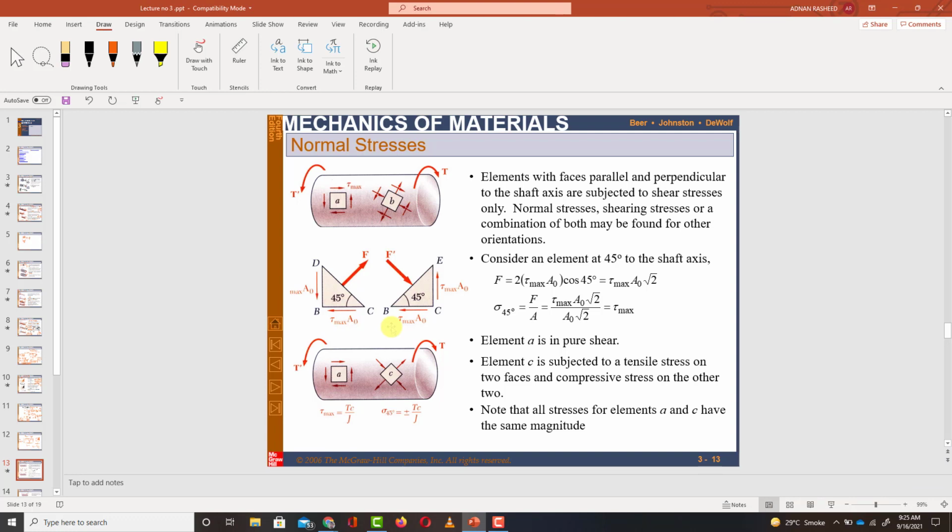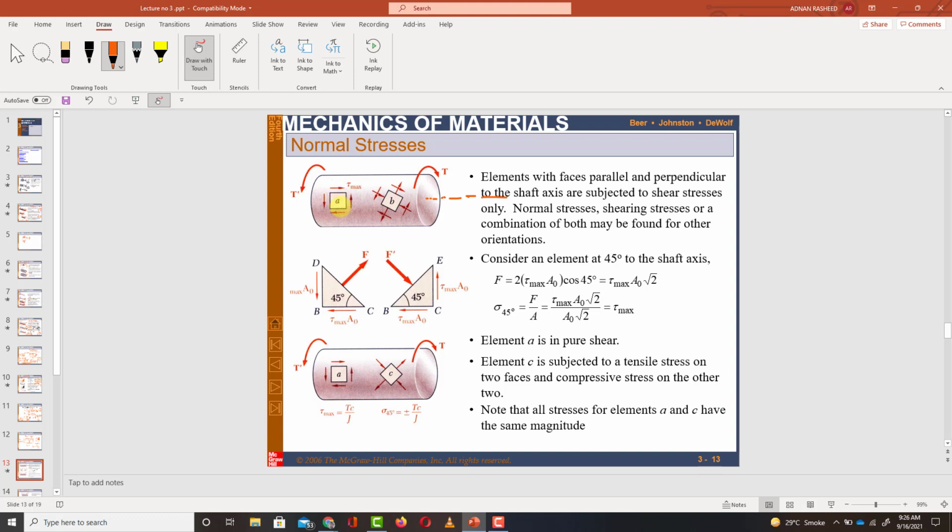Up till now we have seen a shaft that is subjected to torsion or torque, and the faces that are parallel or perpendicular to the shaft axis. If you take the A face, the A portion having a face that is either parallel or perpendicular to this axis, those faces will experience maximum shear stress.